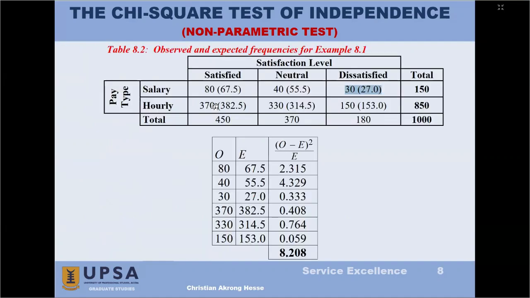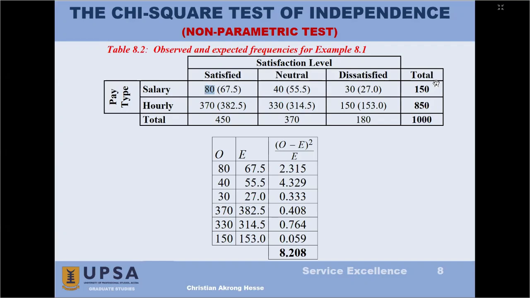So we have the observed frequency, which is given in the question, and we have the expected frequency, which is the row total times the column total divided by the grand total.